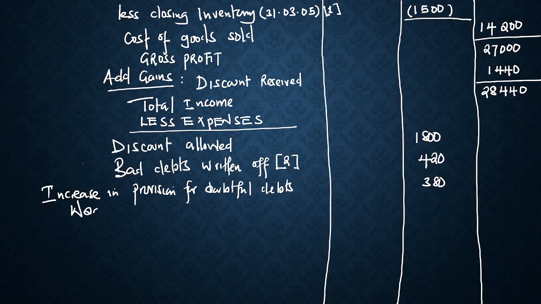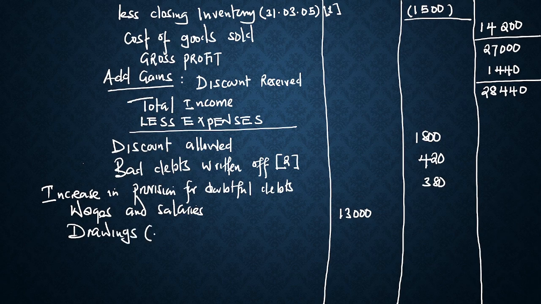So wages and salaries, that is 13 million. I've entered it here because I want to do the calculations. Then we have the drawings there, which is 3.2 million.